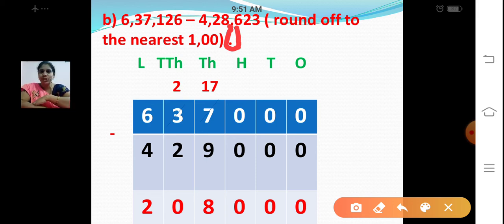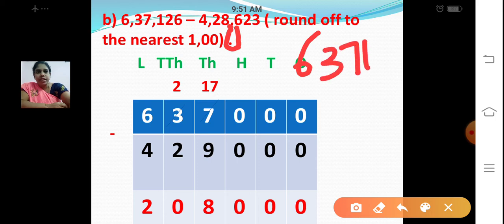Shall we round off these numbers to the nearest 1,000? First take the first number, 6,37,126. To round off to the nearest 1,000, see the hundreds place. We have 1 in the hundreds place, right? So it is less than 5. So what we have to do? Put 0 in the ones, tens and hundreds place and keep the thousands place as it is.